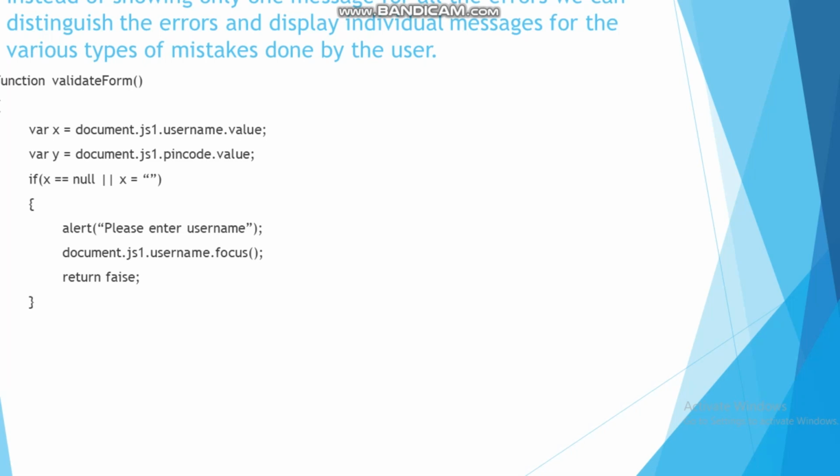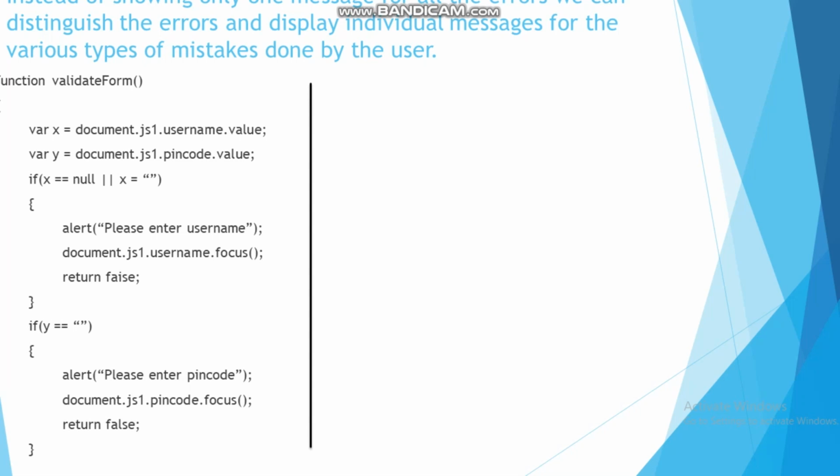Now the pin code. If y double equal to double inverted commas, it means the user has not typed a pin code, the pin code field has been kept empty, then it will display the alert, please enter pin code. It means please type something here. Then again the focus function is there, and the return false statement is there.